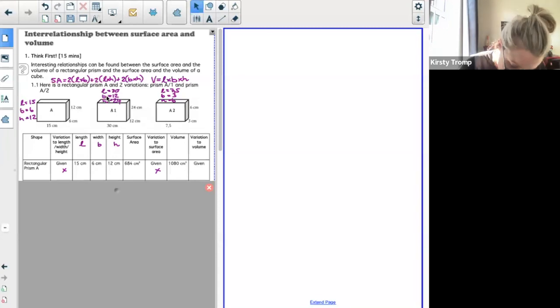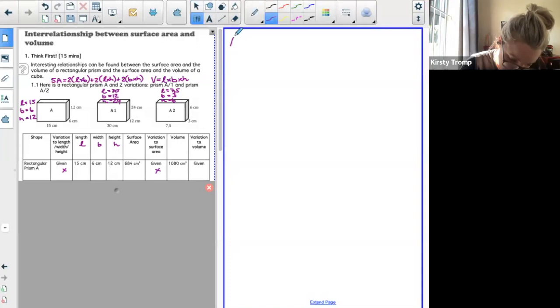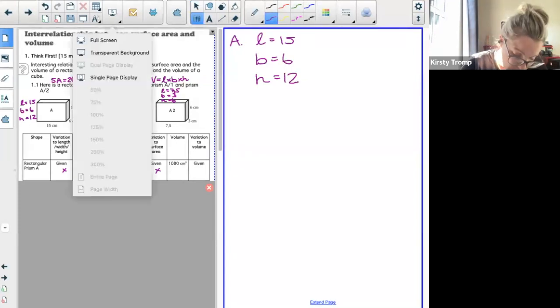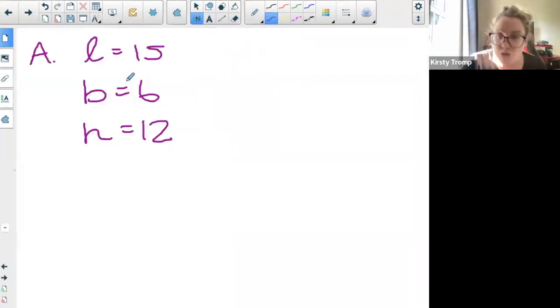I said to you guys that for A, I'm going to make it nice and big for you now. For A, length was equal to 15, breadth was equal to 6, height was equal to 12. Always good, guys, always good to write your numbers out first. So tell yourself, what's the length, what's the breadth, what's the height?